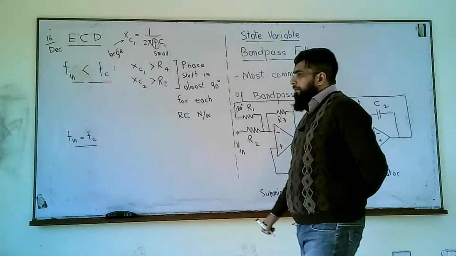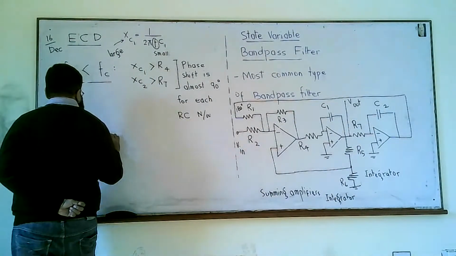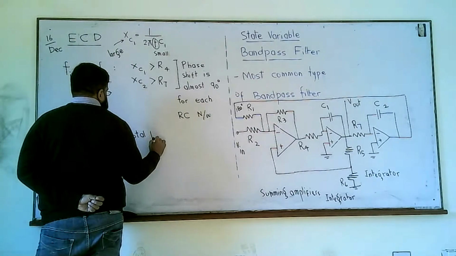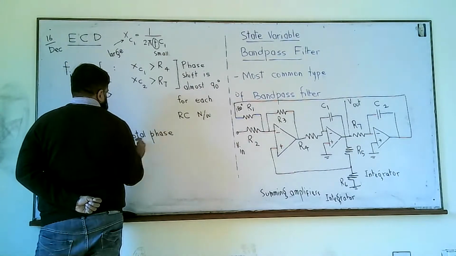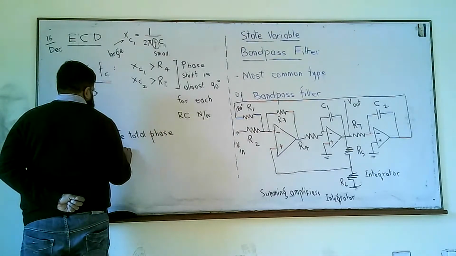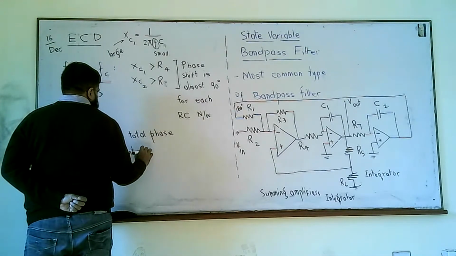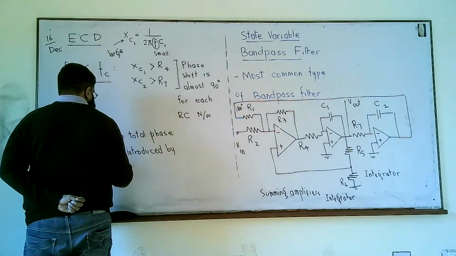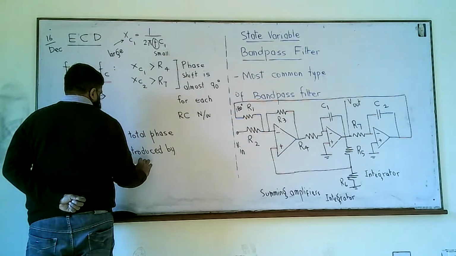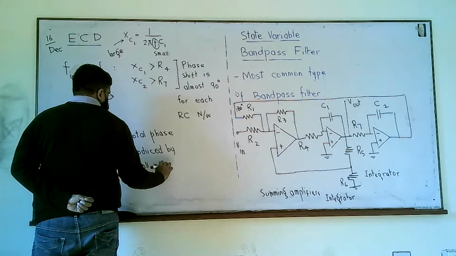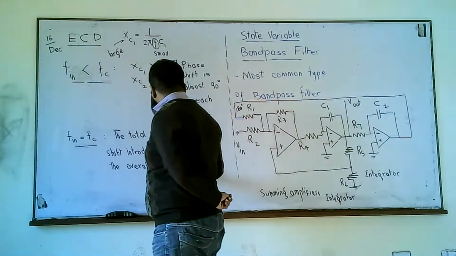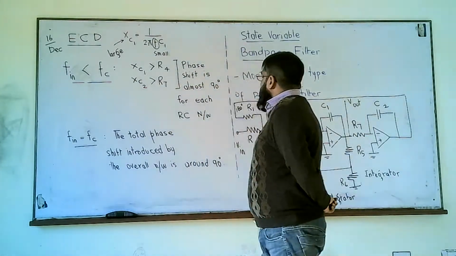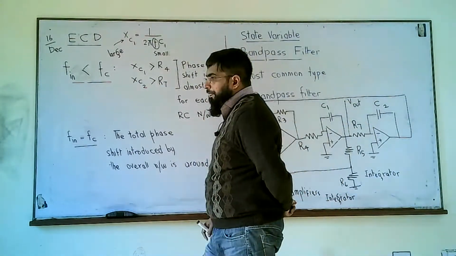So we get a reasonable gain because the total phase shift introduced by the overall network is around 90 degrees, and this is what we want.